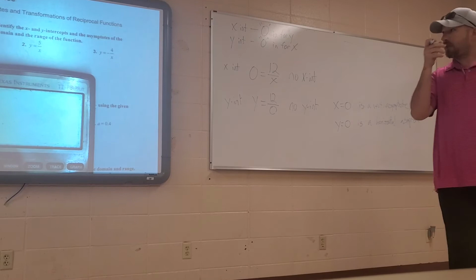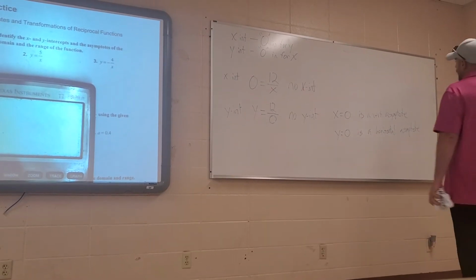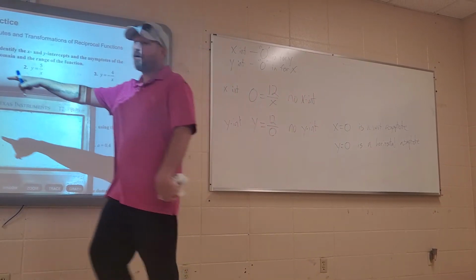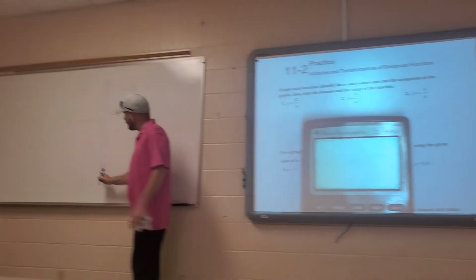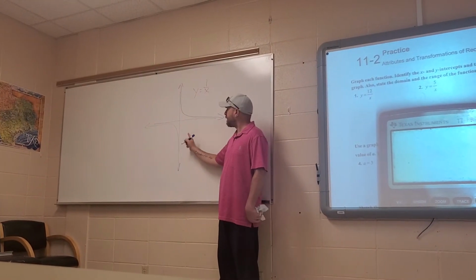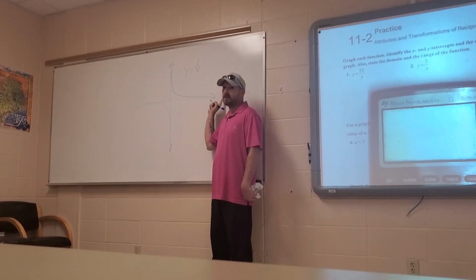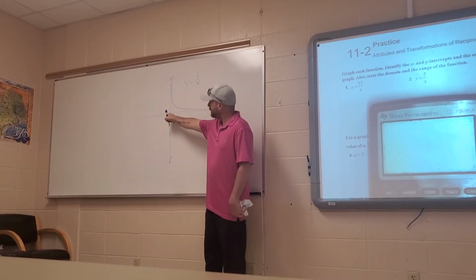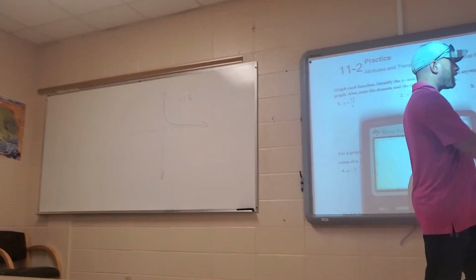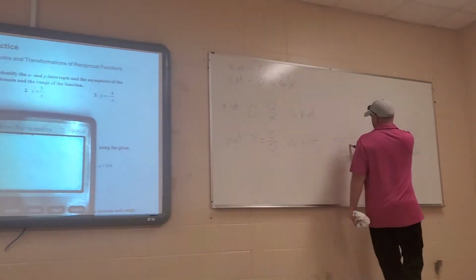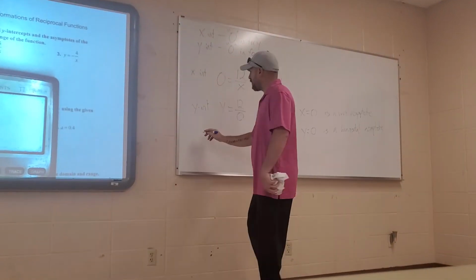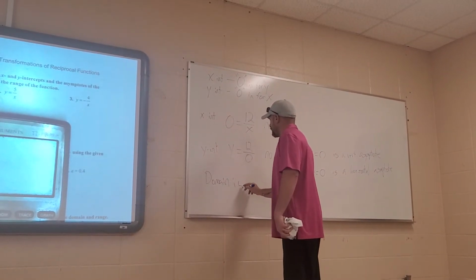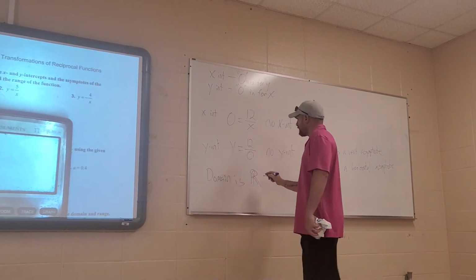Okay? And then domain and range, well, if you look at the graph over here, where does this exist for x? Remember, x is domain. It exists everywhere except for 0, because there's an asymptote at x equals 0. So domain is all real numbers.